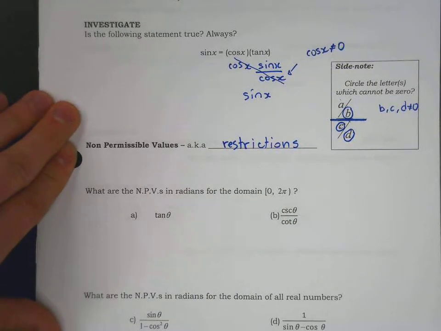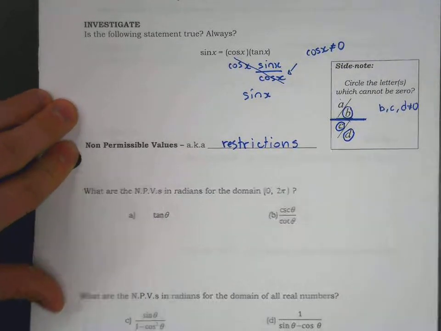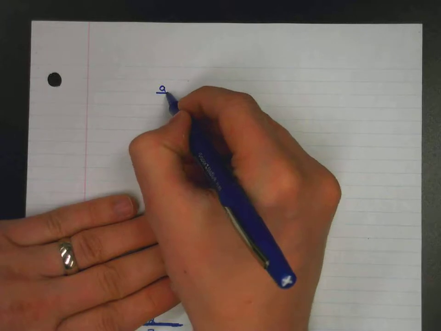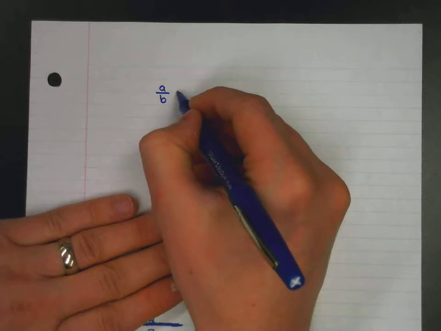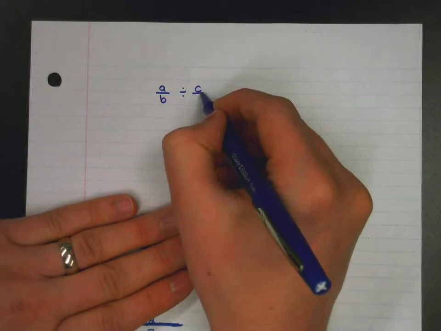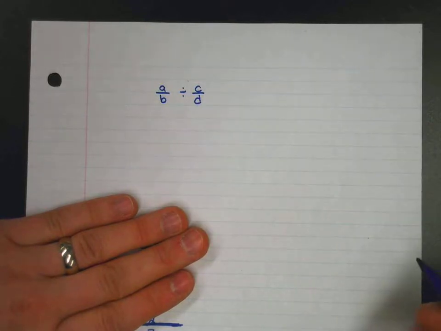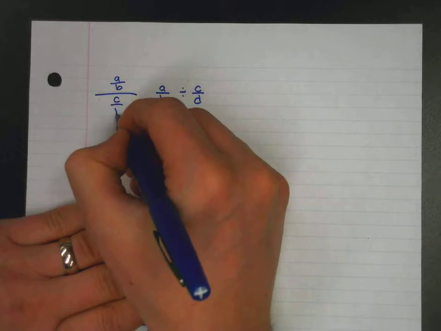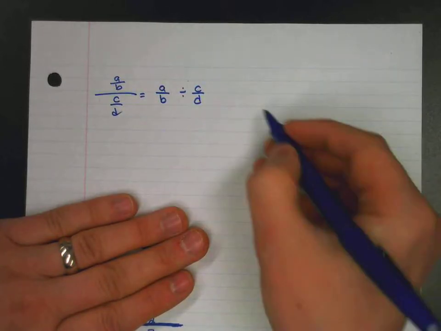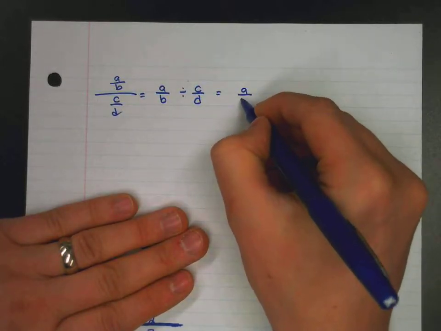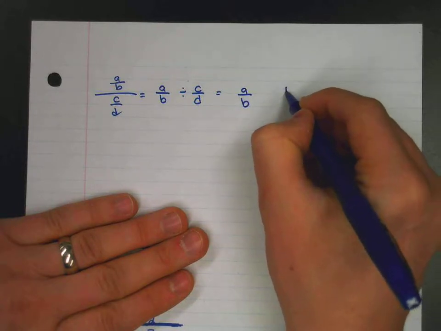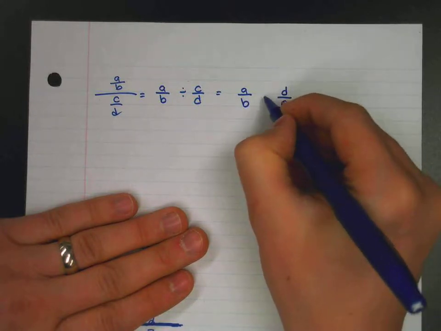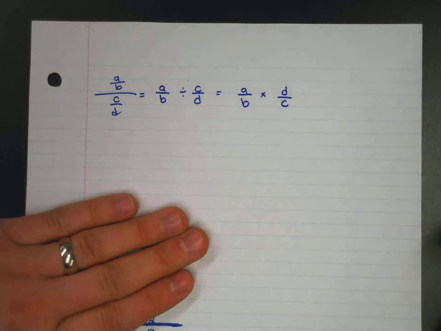Now as we talk about dividing fractions by fractions, I should mention that there is a traditional way to divide fractions by fractions. If I were to say a divided by b, and then dividing by c over d like we just saw a moment ago, the traditional way of saying a over b divided by c over d is to write the second fraction reciprocated as you change the operation to a multiply.